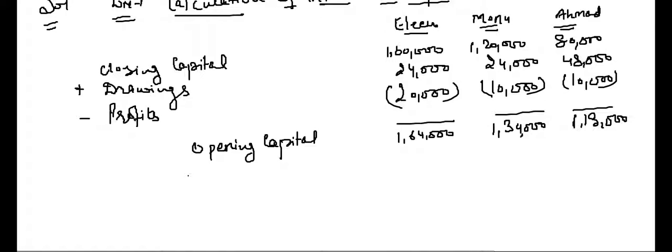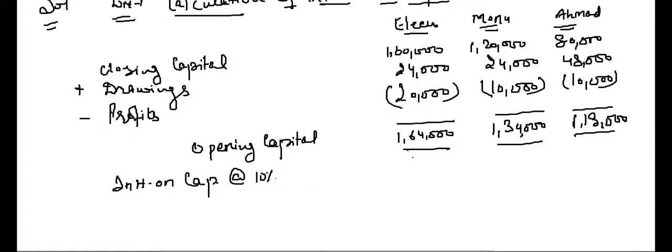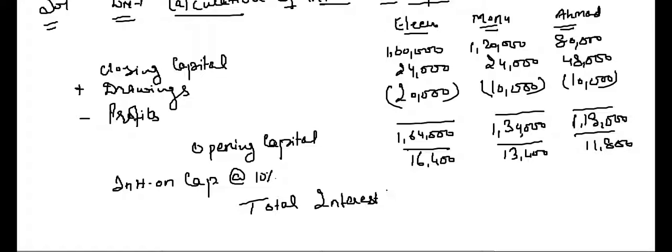It is to be calculated on this capital. So interest on capital at the rate of 10% comes to 16,400, 13,400 and 11,800. So this is the interest on capital. Total interest comes to 41,600.